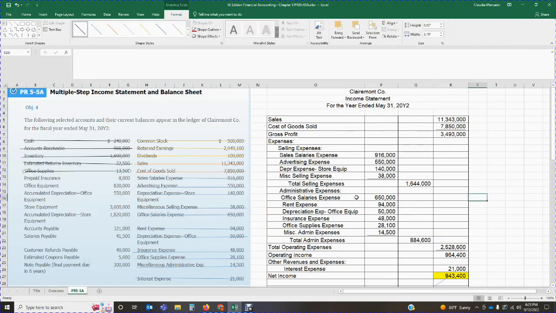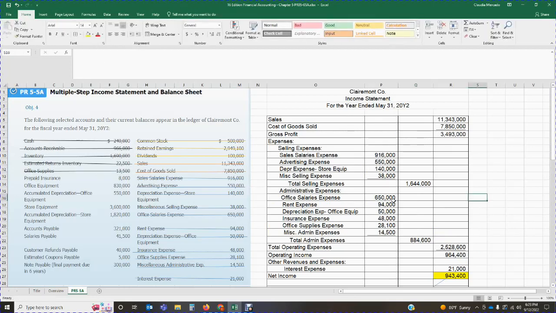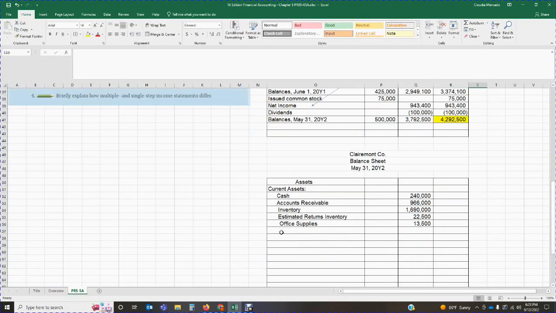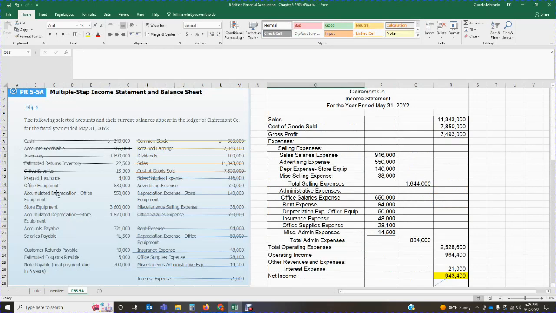Okay. Next we have prepaid insurance of $8,000. Prepaids are assets. We've got prepaid insurance of $8,000. Okay. Now, do we have any more assets?